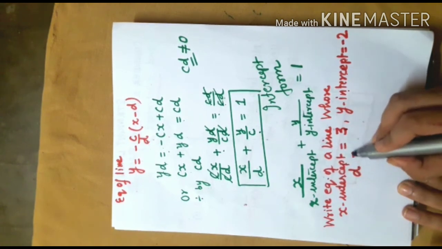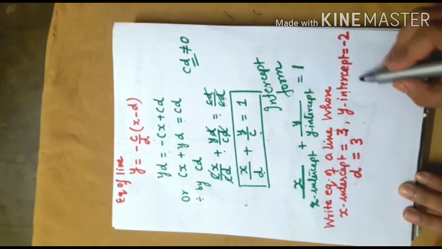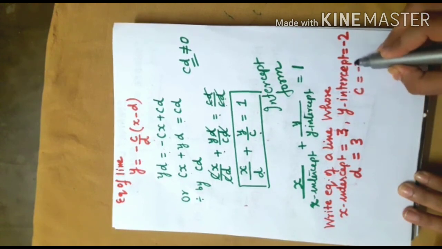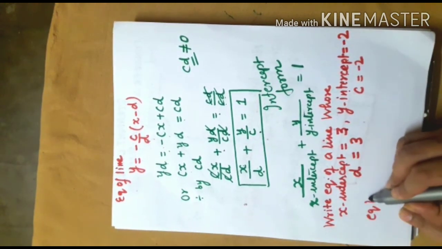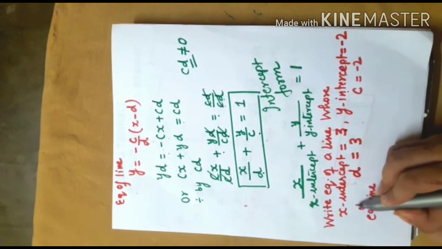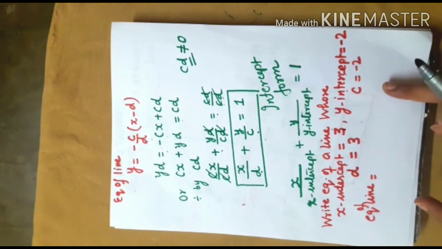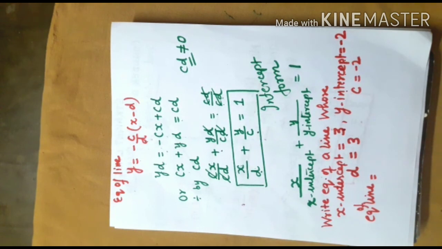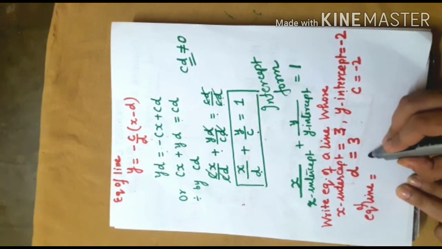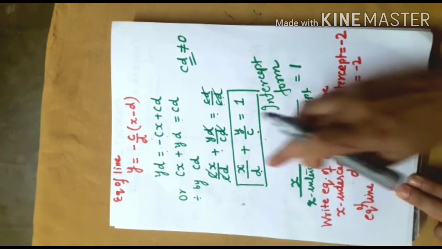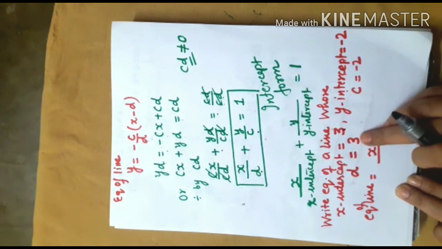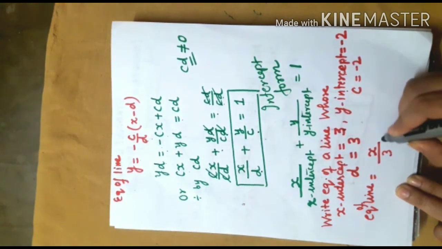The x-intercept, that is d, is 3. The y-intercept, that is c, is minus 2. Then what will be the equation? Yes, both the intercepts are given, so we will be using the intercept form. So the equation of the line will be x over x-intercept, that is x over d. And what is d? It's 3.